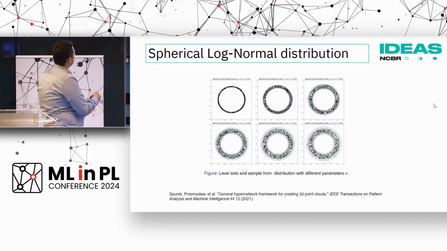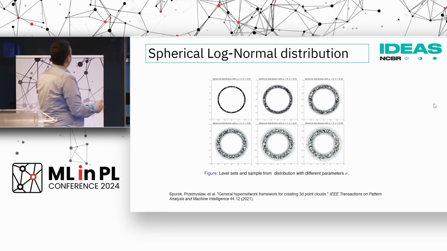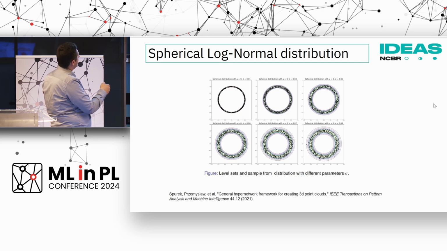So we use some distribution. We call it a log normal distribution, and this is a distribution which uses a Gaussian on the sphere. When you use a large sigma, the distribution is quite big, and when you use a small sigma, it is quite tiny.